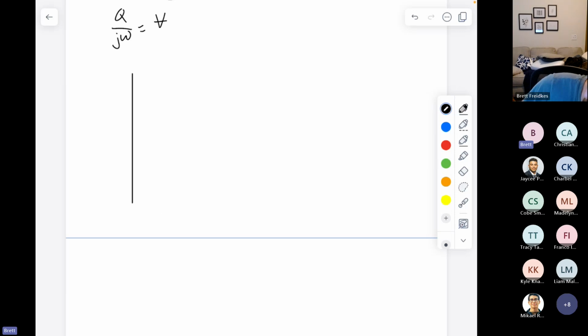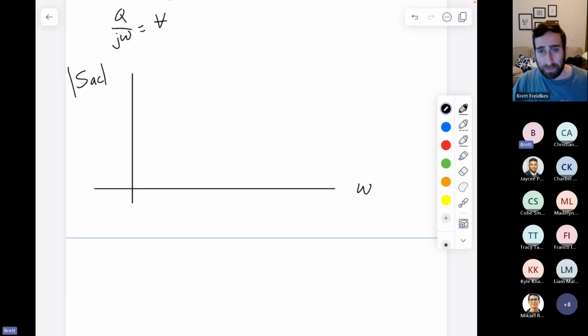So what I started to plot last time, or at least I gave you this plot and we started to show it, is that as a function of frequency, if we look at the magnitude of the acoustic sensitivity, what we saw is that because it's a microphone, there is no sensitivity at DC. So when omega is 0, because of the pressure equilibration, we don't have any sensitivity at DC. But eventually, as the frequency gets higher and higher, we do start to see a response in the microphone.